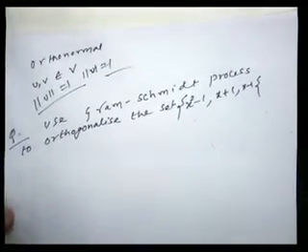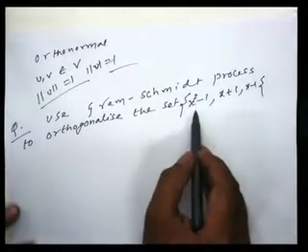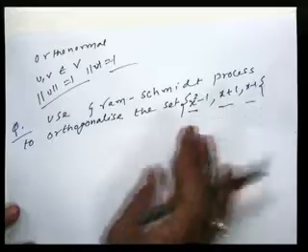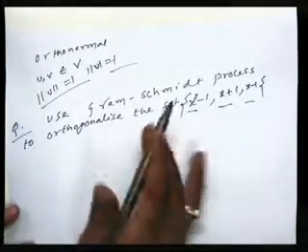So we have been given these three vectors, that is x square minus 1, x plus 1, and x minus 1, and we have to orthogonalize this given set using this Gram-Schmidt process.